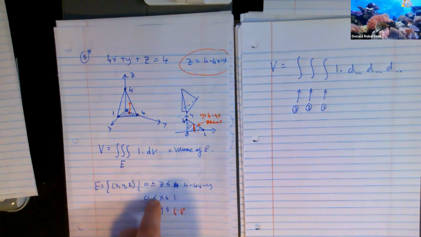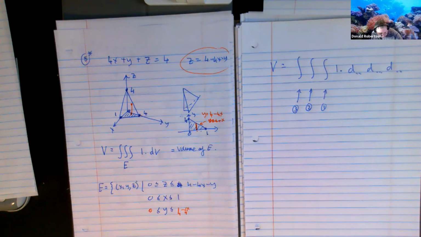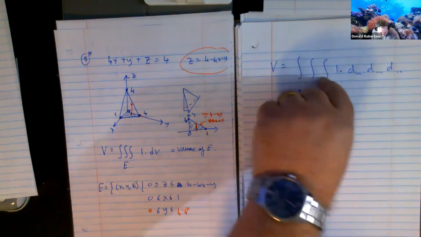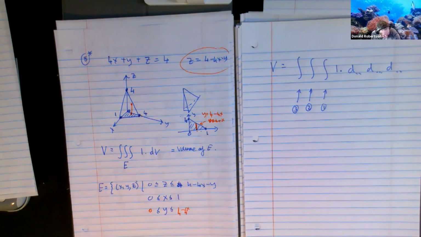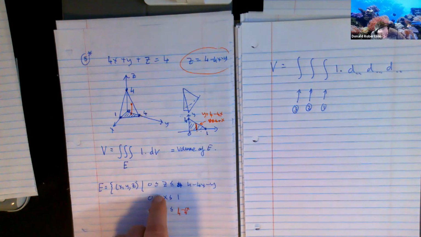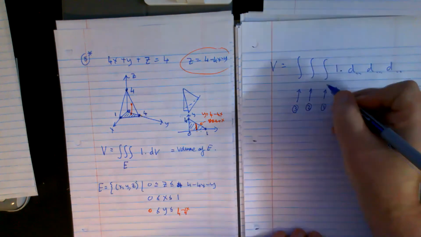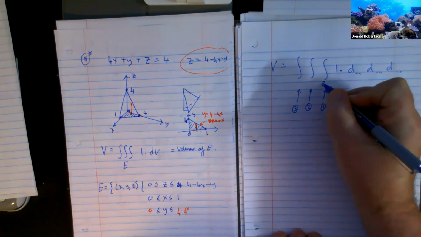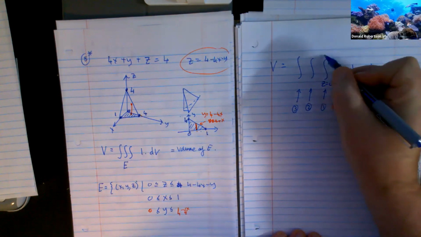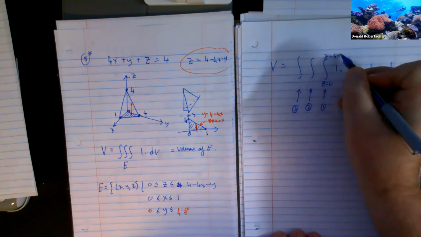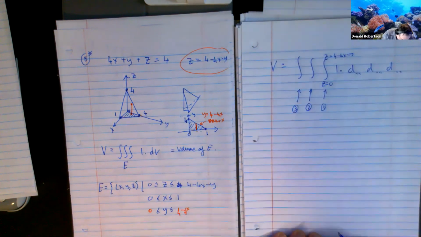Which one of these 3 ranges of values should be in position 1? The x's, the y's, or the z's? The z's. Agreed. It's going to be z equals 0 to z equals 4 take away 4x minus y.